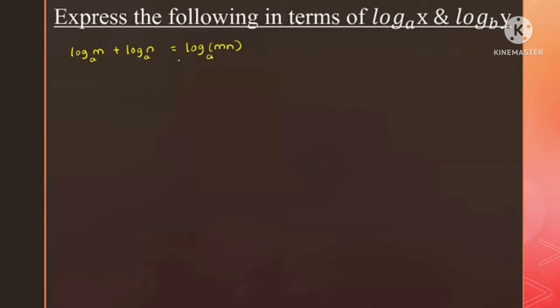This is the logarithmic addition identity. And the second rule is log m to the base a minus log n to the base a, which gives log of m over n to the base a. This is called the logarithmic subtraction identity.